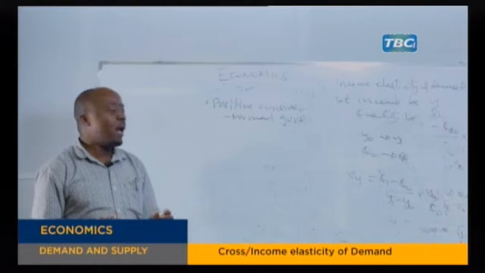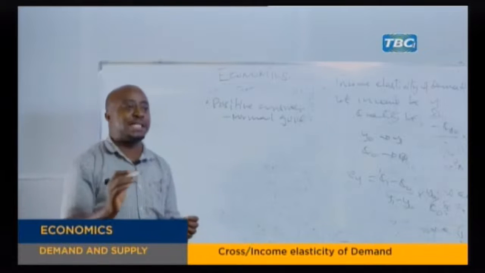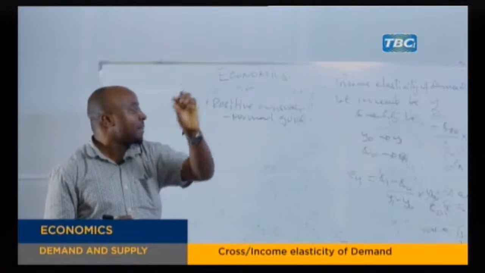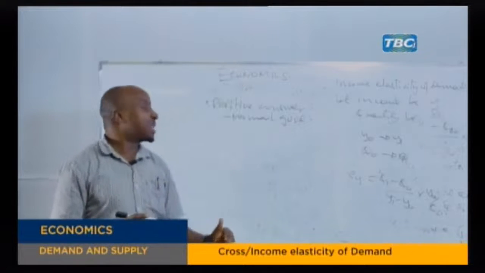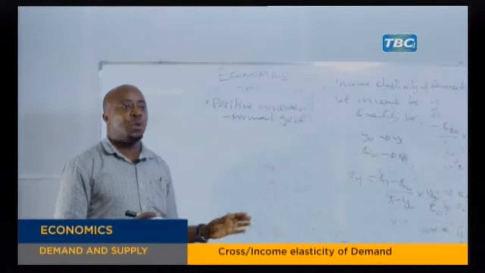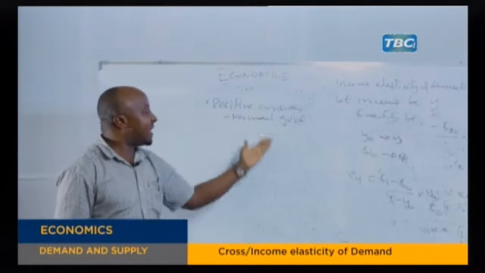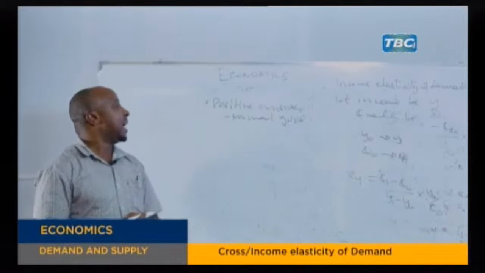For a normal person, when a salary or wage increases, demand is going to increase. But if at your working place the income has gone down, you expect demand to go down for normal goods. You'll be buying less than you used to buy because income has gone down. So if they have that relation, we say that is a normal good.